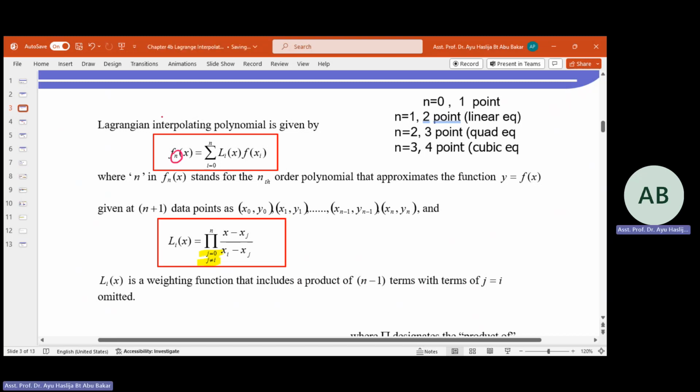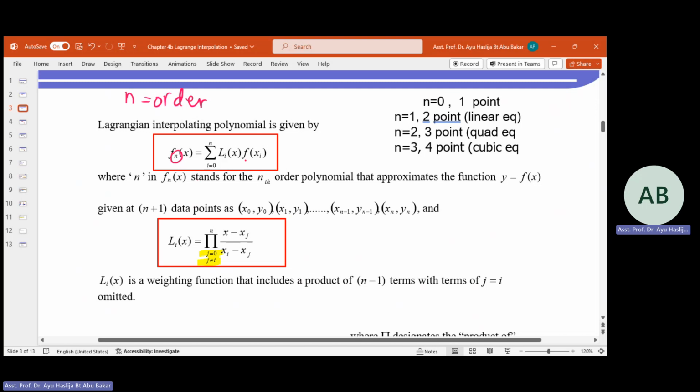Okay, n is the order. So n equals 1 is linear, 2 is quadratic, and if cubic, n equals 3.